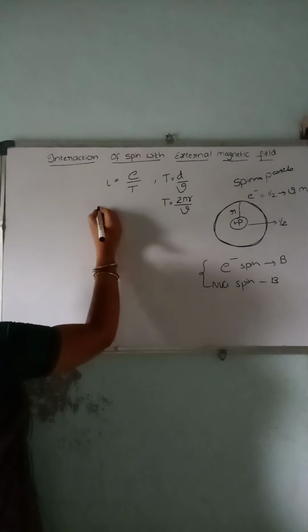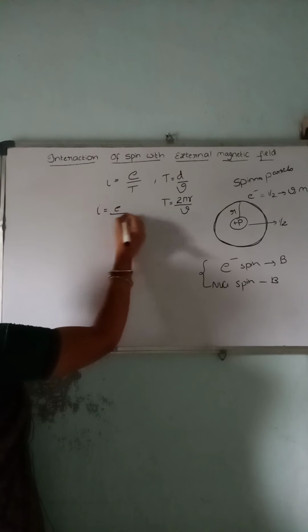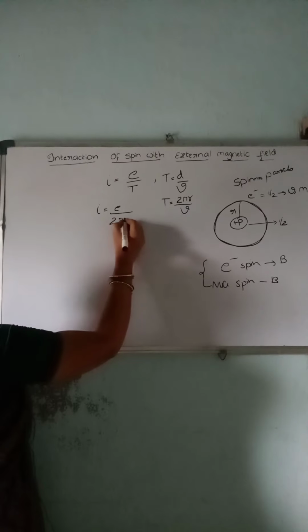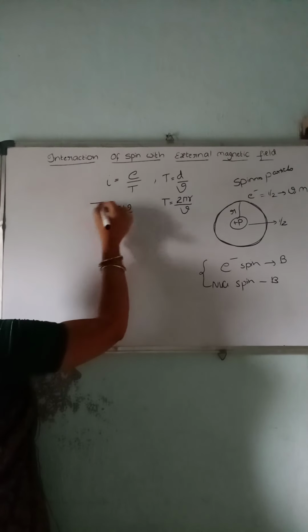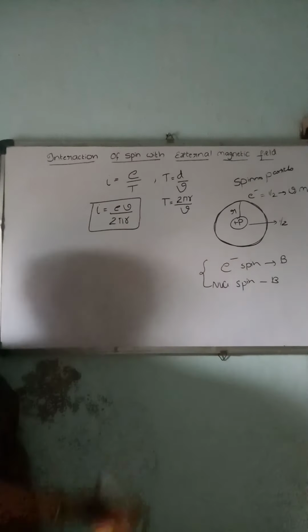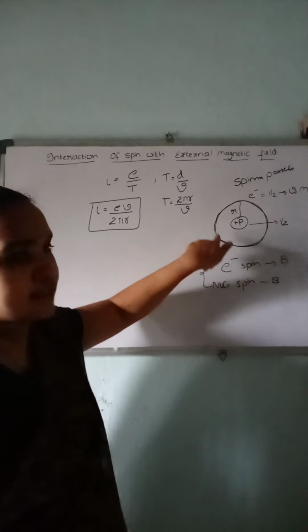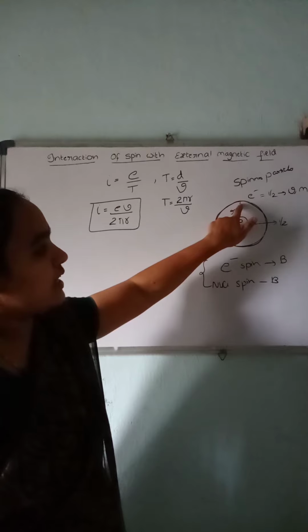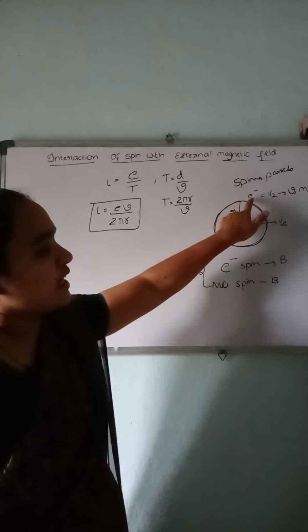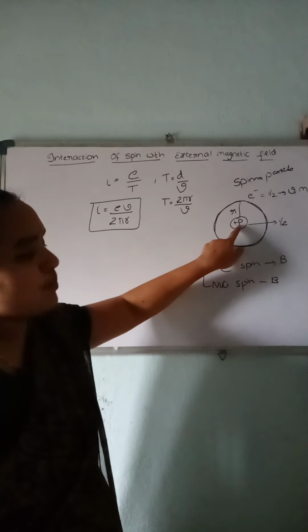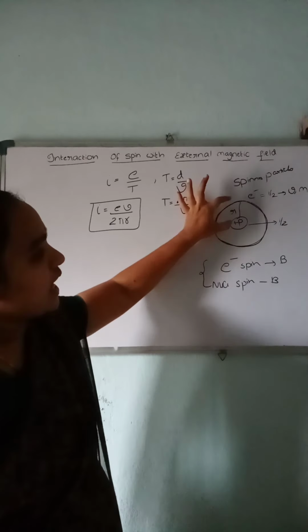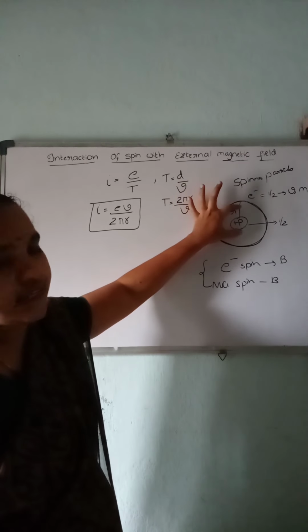Then the current is equal to e divided by (2 pi r by v), that is, I = ev/2 pi r. This moving charged particle constitutes a current, and this negatively charged particle and the positively charged nucleus are separated by a constant distance.